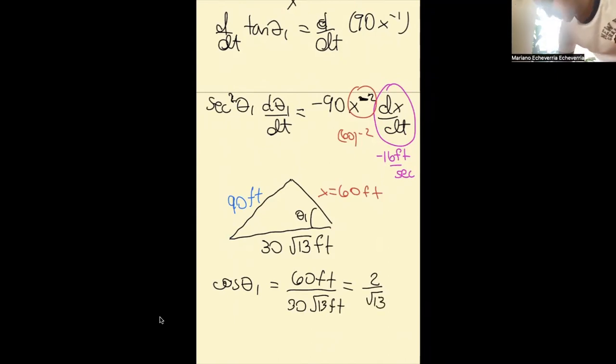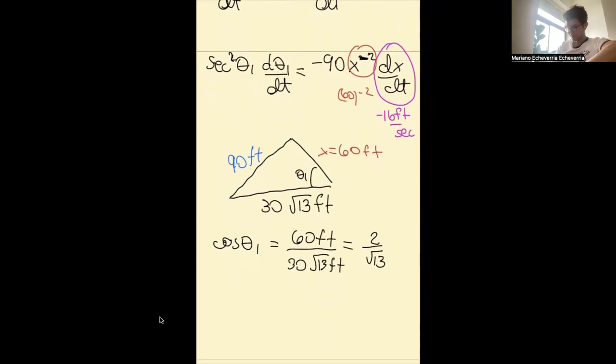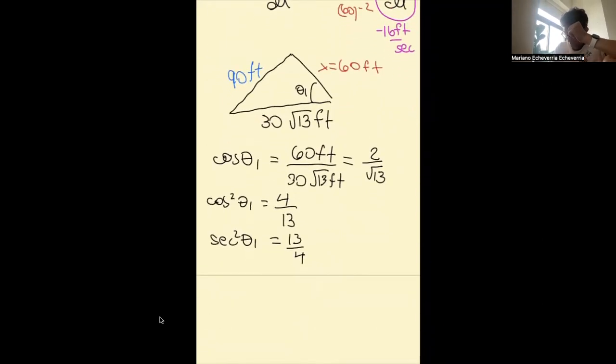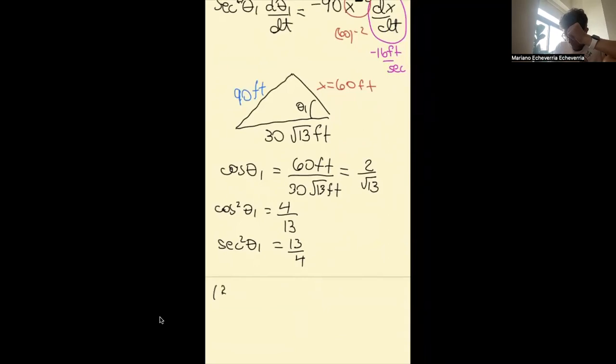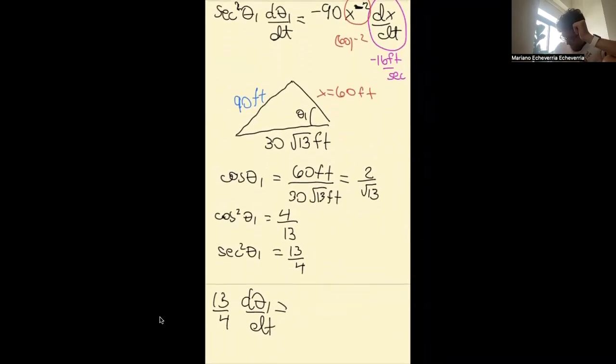Okay. So the cosine squared of theta 1 is 4 over 13. And the secant squared is just the reciprocal, so it's 13 over 4. So you end up with 13 over 4 d theta 1 dt equals minus 90 over 60 squared, which is 3600, times minus 16 feet per second.